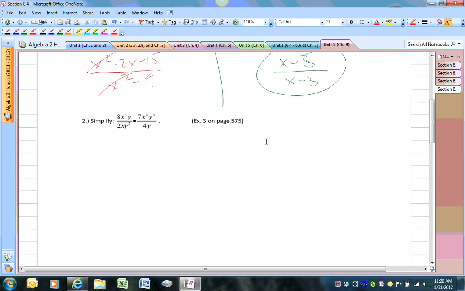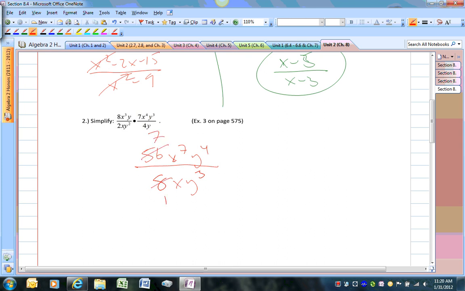Okay, let's look at number two. For this one, we can't factor, because there's really nothing to factor here, but what we can do is combine these two fractions. So you get 56 x^7 y^4 over 8x y cubed, just using my properties of exponents. 56 over 8 reduces to 7 over 1. x^7 over x reduces to x^6.